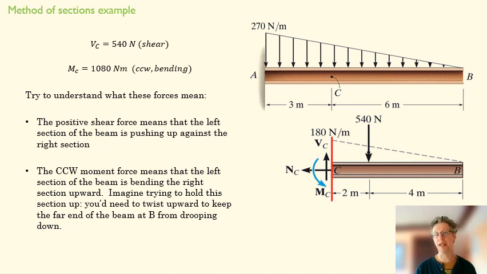That's the meaning of that shear force and that moment. Both of those are going to put tremendous pressure on the material at point C, right? Because that support force that normally would be over here in this wall is now just in the beam here. The left section is holding up the right section.